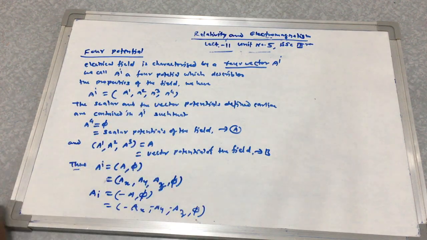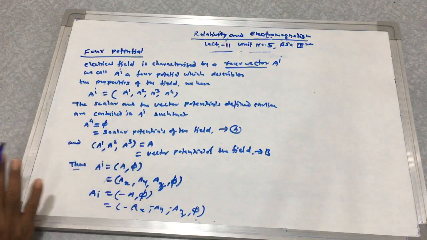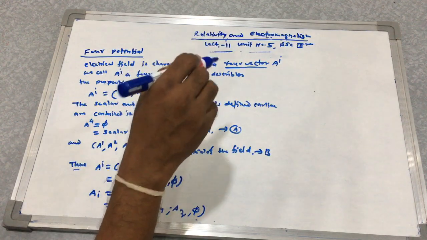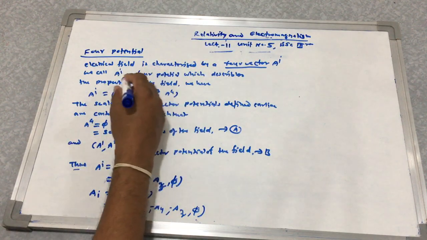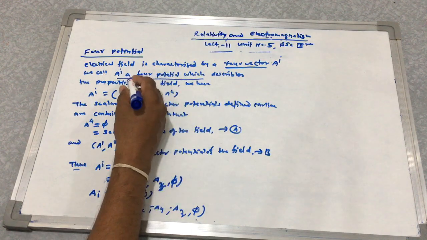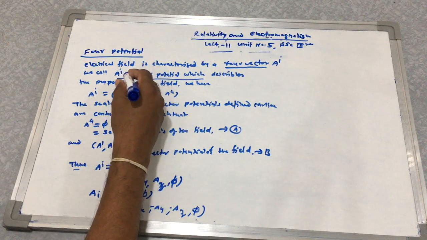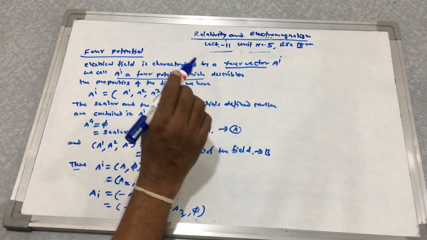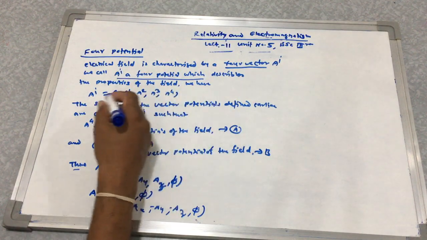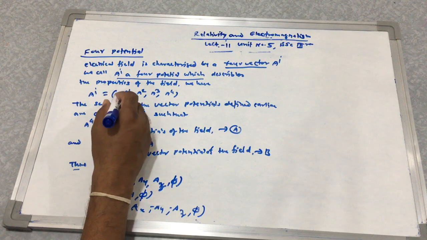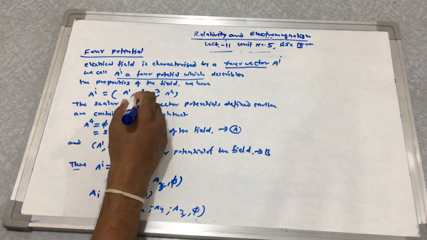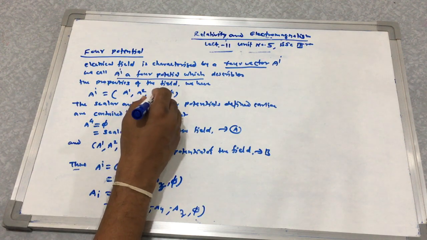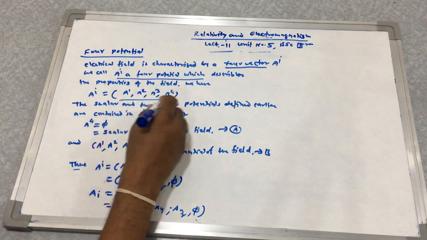So this is the four-potential. It has the exact meaning: the electric field is characterized by a 4-vector A^i. We call A^i a 4-potential which describes the properties of the field. We have A^i equal to A^1, A^2, A^3 and A^4. We have these four potentials.